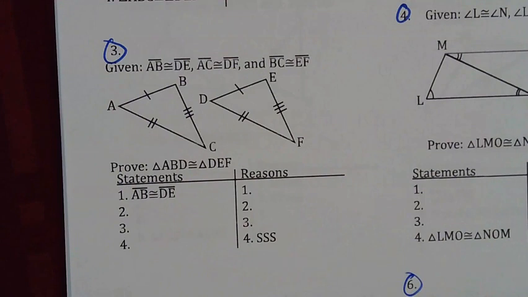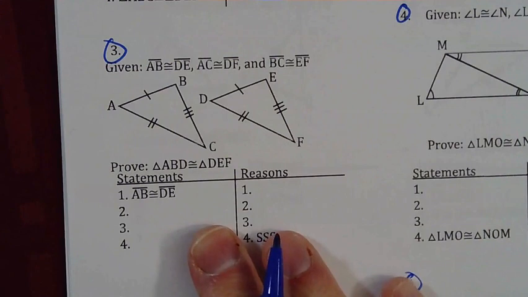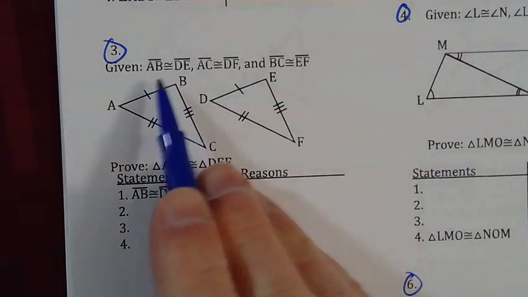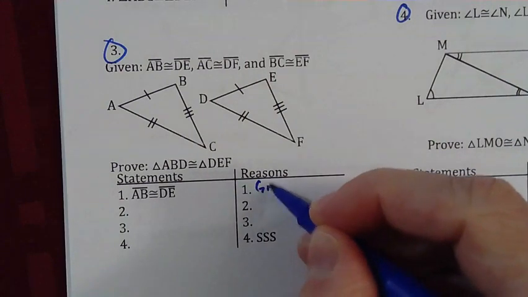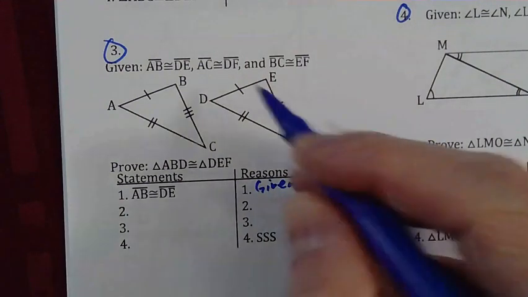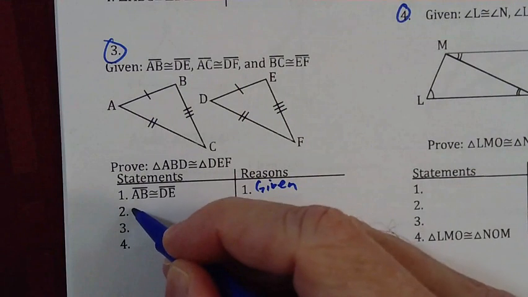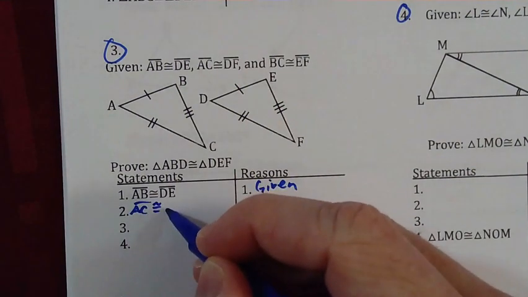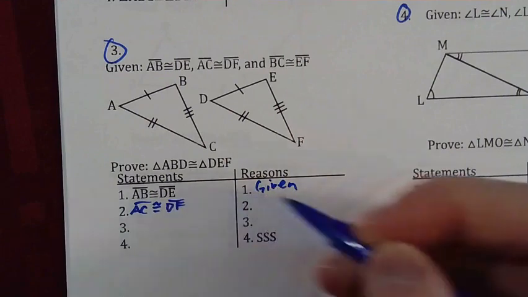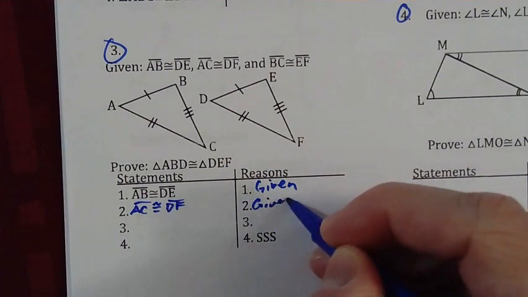So I've got a few of them chosen here. We'll just go through and take a look at them. Number 3, they tell me that AB is congruent to DE. So that is the first statement, and of course, that is given. AC is congruent to DF. They haven't stated that yet, so I'll go ahead and say that segment AC is congruent to segment DF, and I know that because it is given.